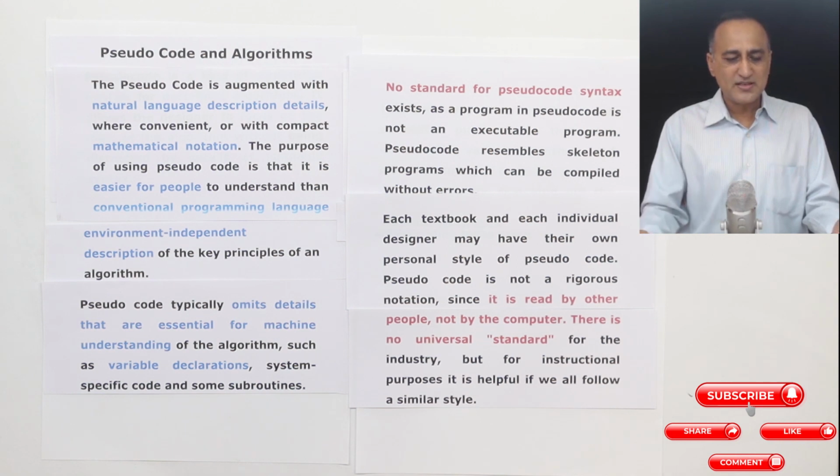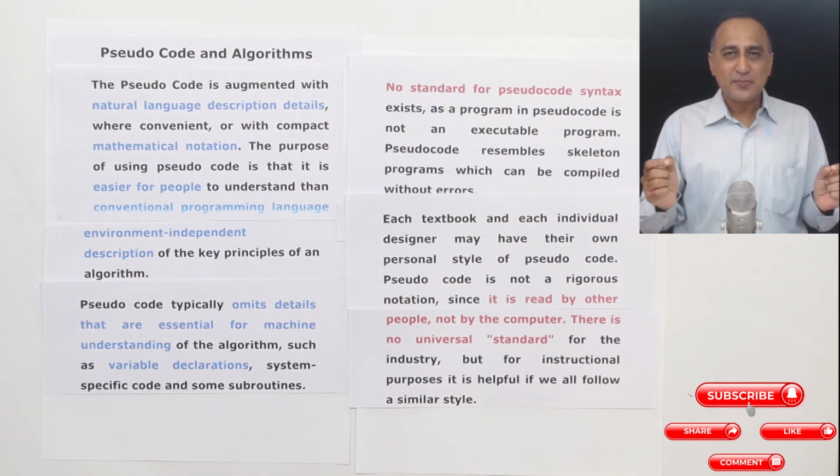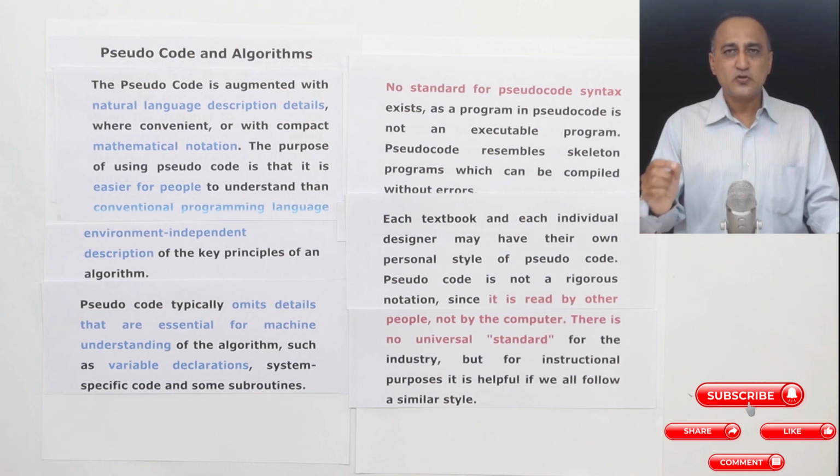We do not have details like in a programming language, where we show the full stop, semicolon, called the syntax, and variable declarations. All those details are not there. We are just broadly focused on the logic. So pseudocode is a description of the logic of the algorithm in an English-like structured language.